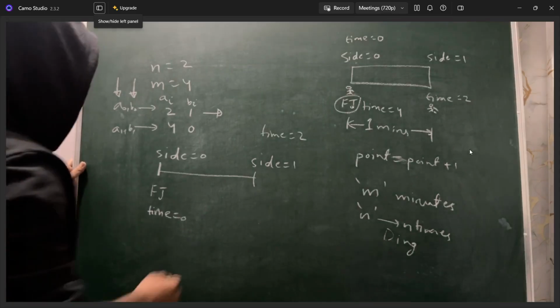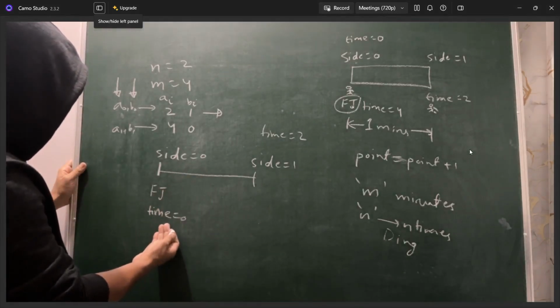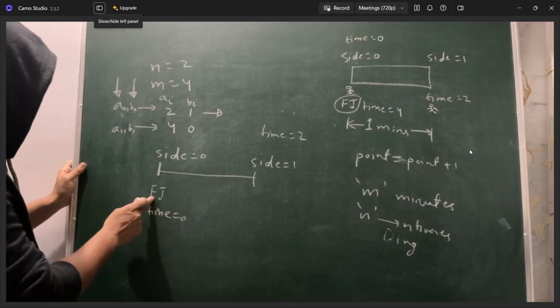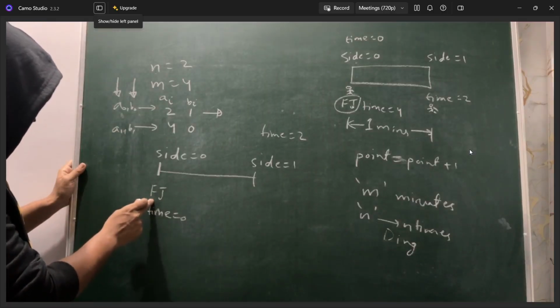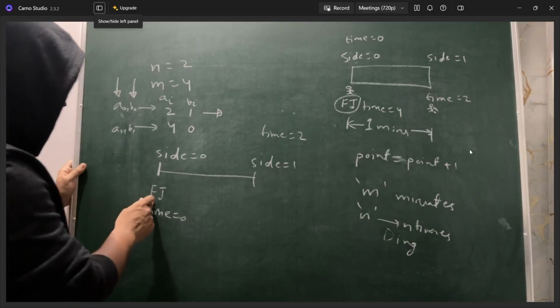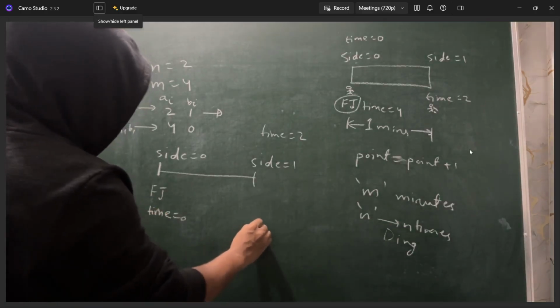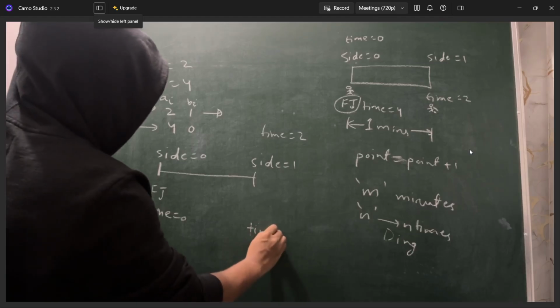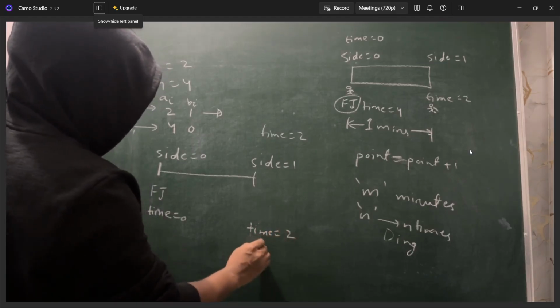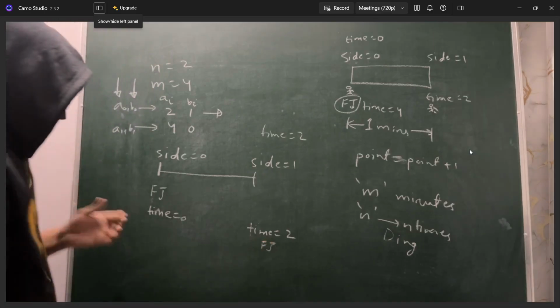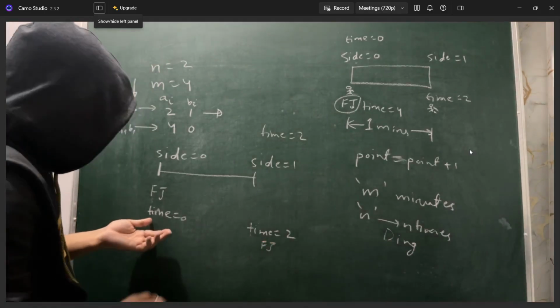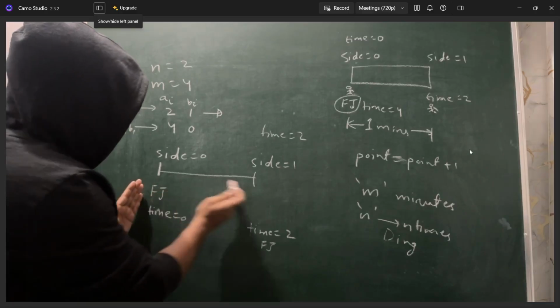So your time starts from 0. Your FJ, farmer John, is at this position. Now when time is equal to 2, their first requirement is that the FJ should be at this position. Now when time is 0, he will be moving to the other side of the gym.